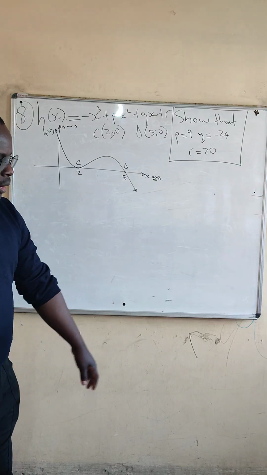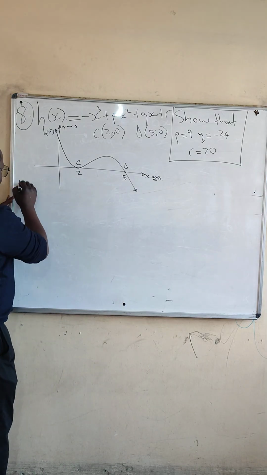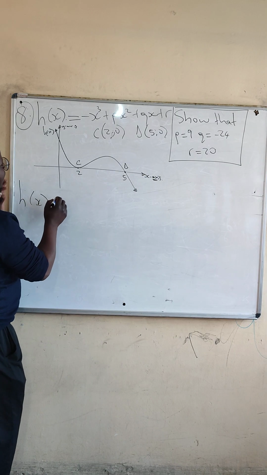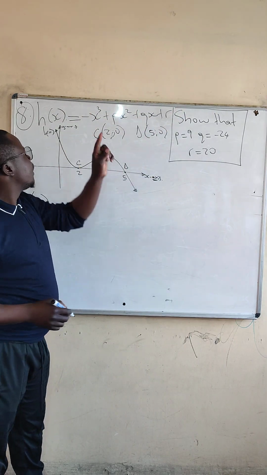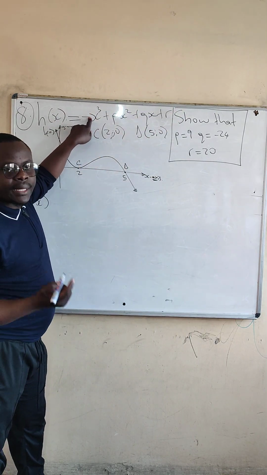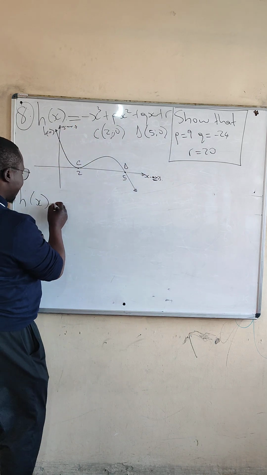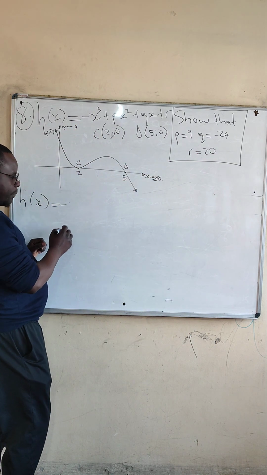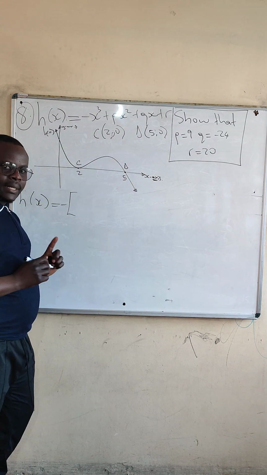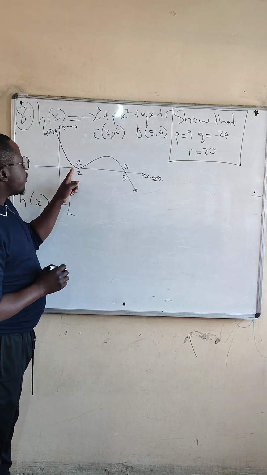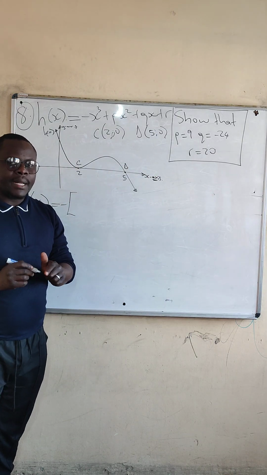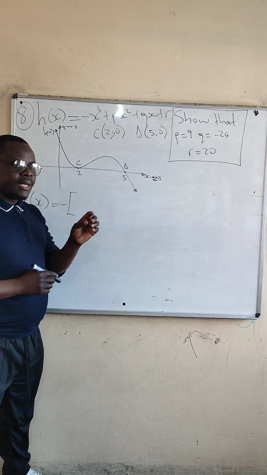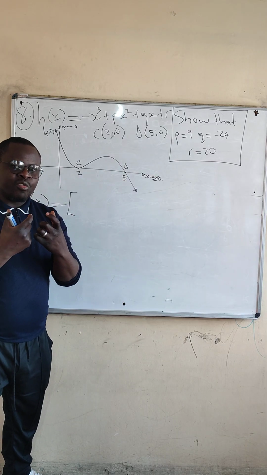Let's start that. Let's forget about the given h of x, but what we should understand is that since a here is negative, that makes our a negative, and you are going to open a square bracket like this. You put your factors, x is equal to 2 and x is equal to 5. But understand that this one is a double factor.